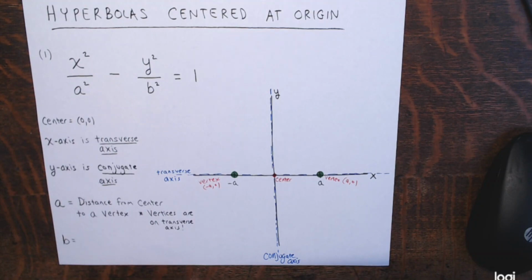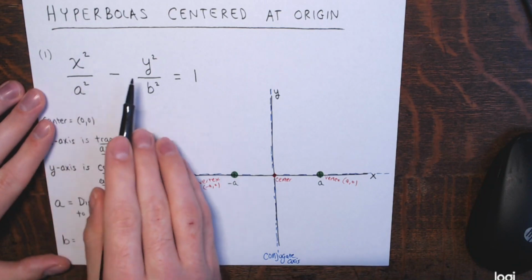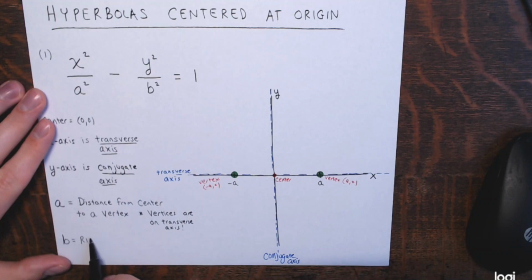What we're going to see with hyperbolas is that they're going to have two slant asymptotes, or just two asymptotes, that the curve will get closer and closer to touching but not actually touch as we go further away from the center. So in this case, when x squared is first minus the y squared term, the lowercase b will represent the rise of the slopes of the asymptotes.